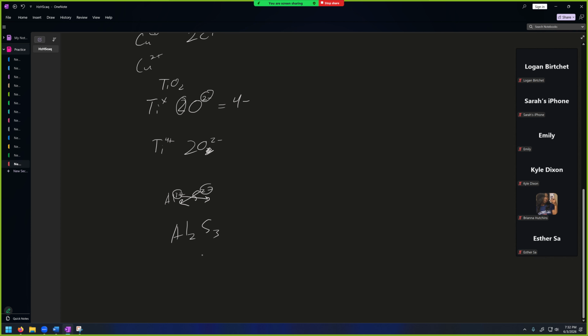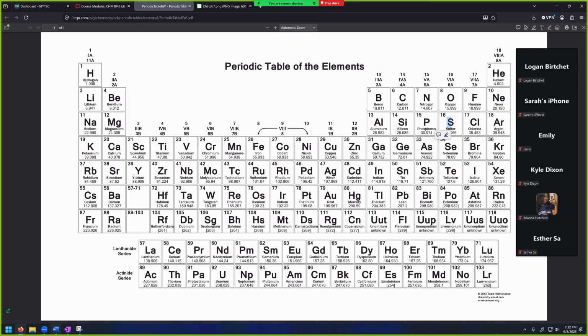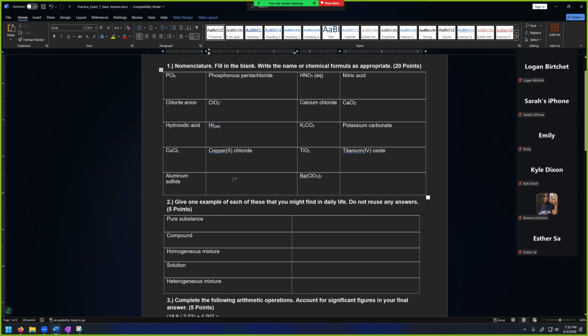We can double check that that math works out. 2 aluminums is going to give me 6 positives, and then 3 sulfurs is 3 times the 2 minus there. That's going to give me 6 negatives, which when we add those together is going to be 0, so this is a happy neutral compound. Al2S3 is therefore the correct chemical formula.